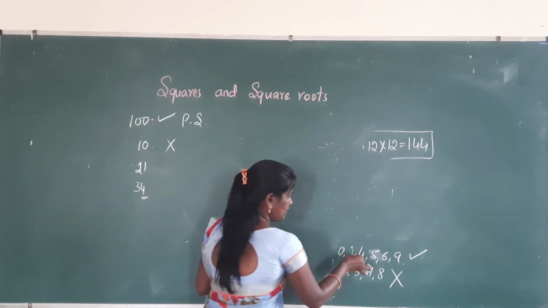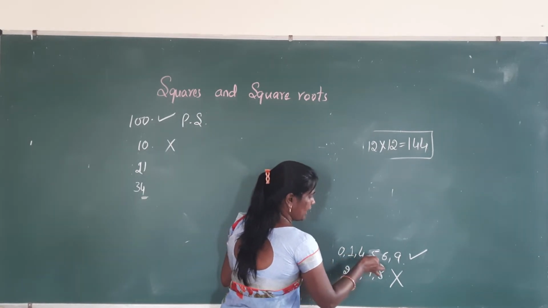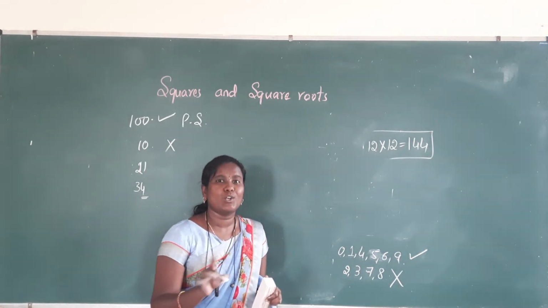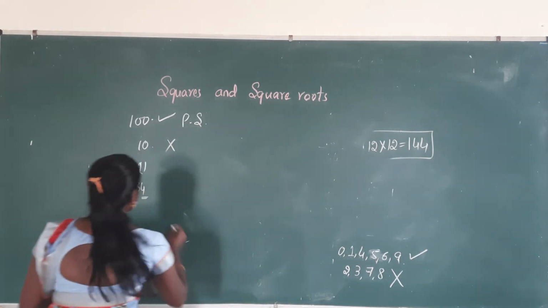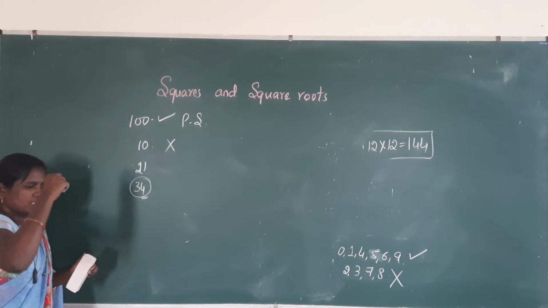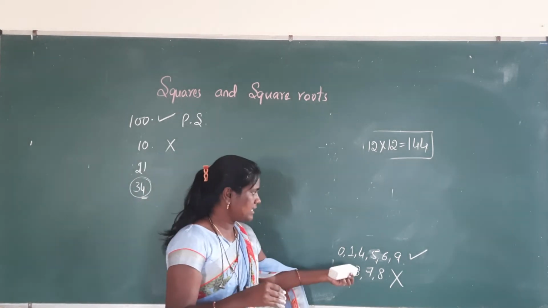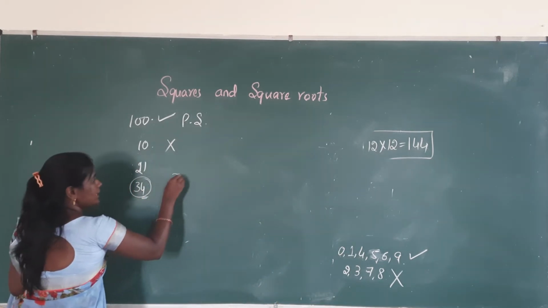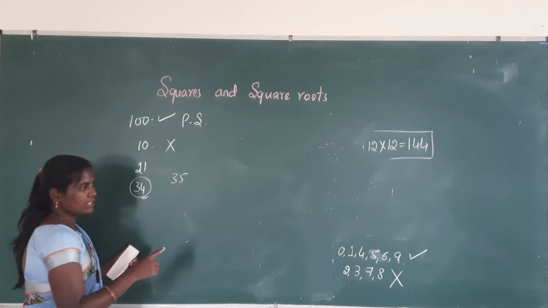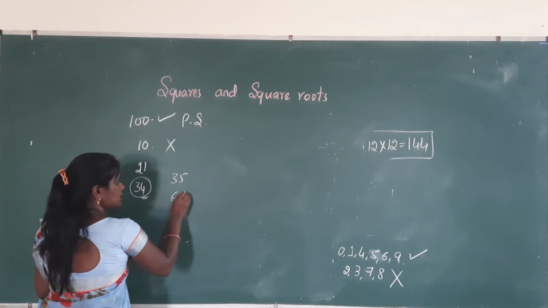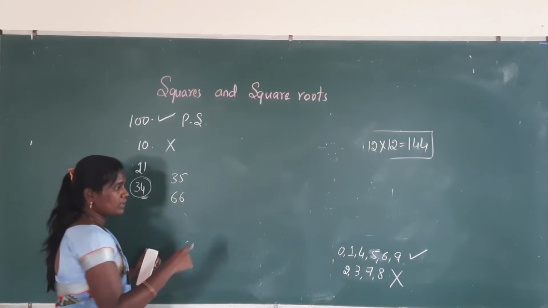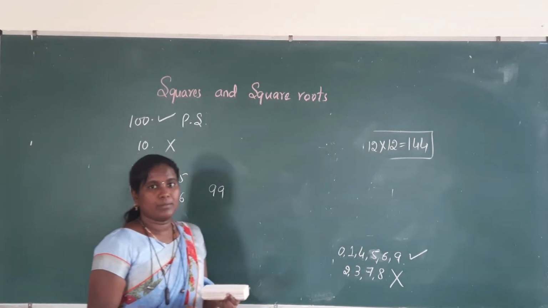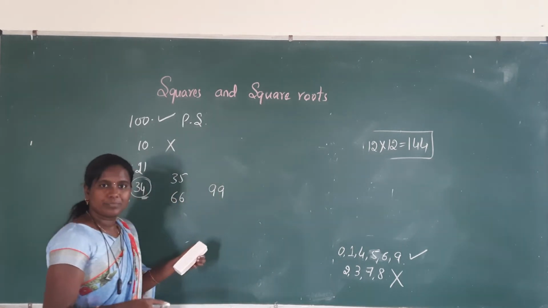We are saying that the numbers which end with 0, 1, 4, 5, 6, 9 may be perfect squares, but not always. Some numbers are ending with all these digits but they are not perfect squares. For 5, you can take 35, not a perfect square. Then 6, 66, not a perfect square. 9, 99, not a perfect square.